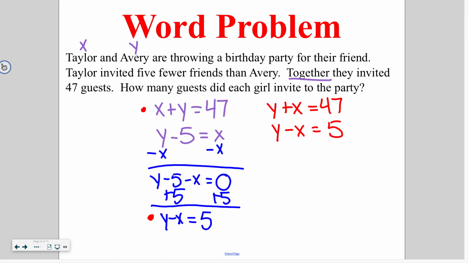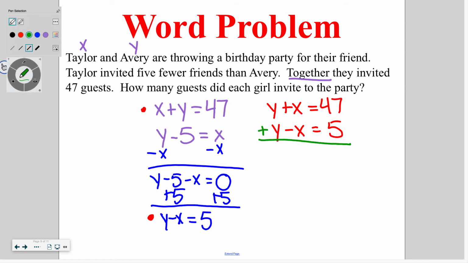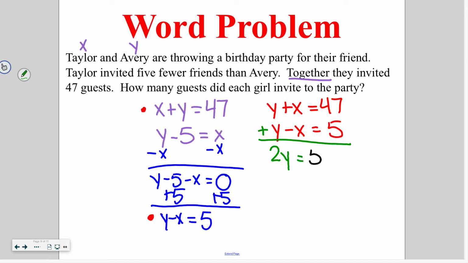Again, I always prefer to add when I can, so I'm going to add these together because both of my variables match. 2y, the x's get eliminated, is equal to 52. Dividing both sides by 2, I get y is equal to 26.